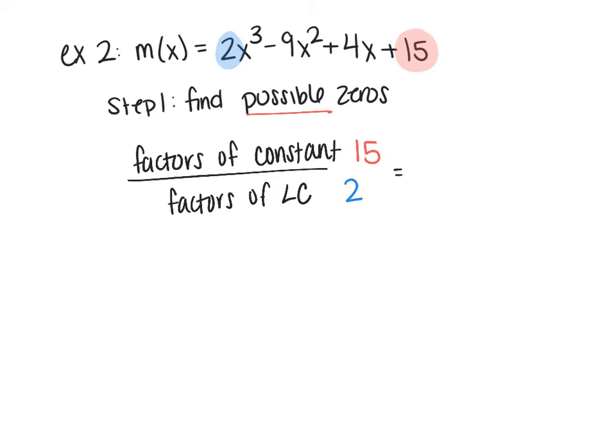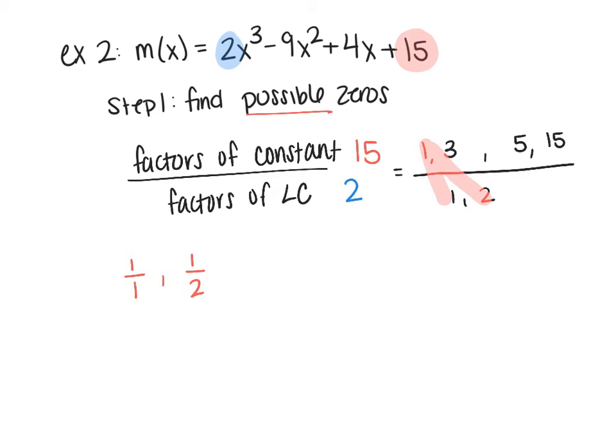So my factors of 15: 1 and 15, 3 and 5, and that is it. 2 just gives me 1 and 2. So I'm going to do every top with every bottom. So I have 1 over 1 and 1 over 2.